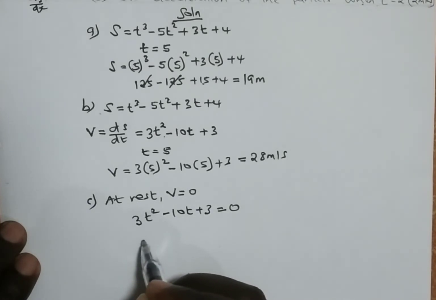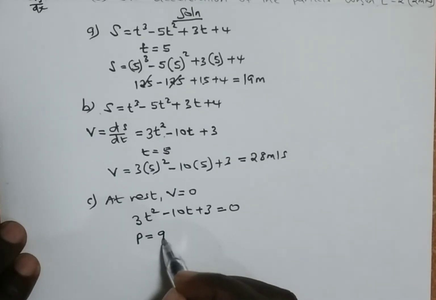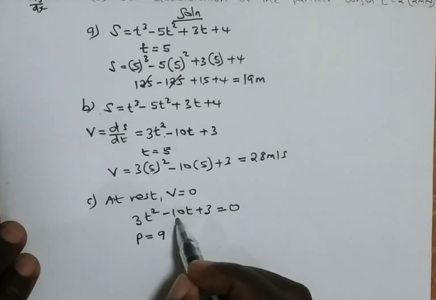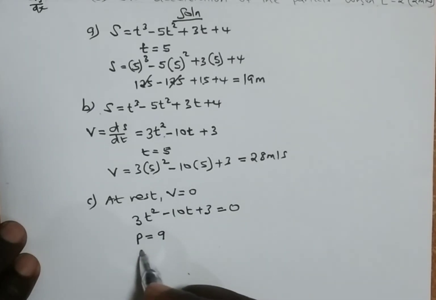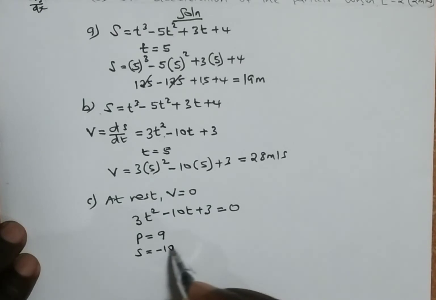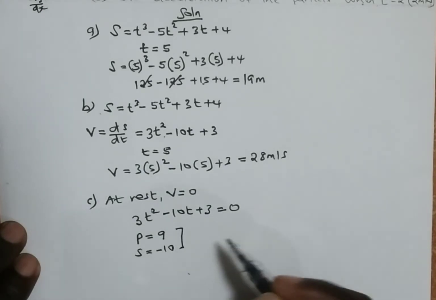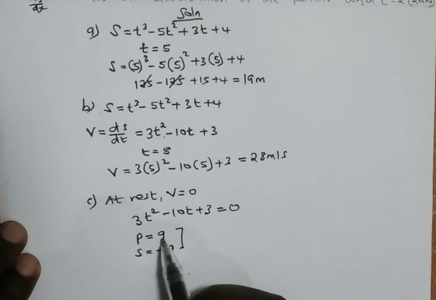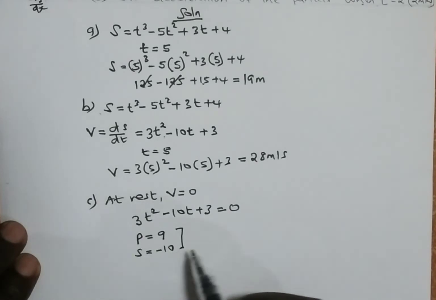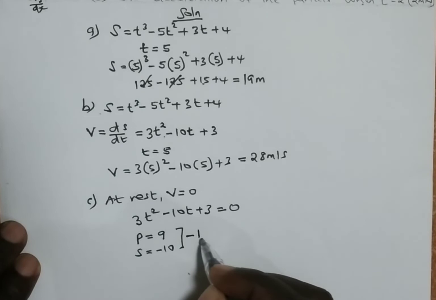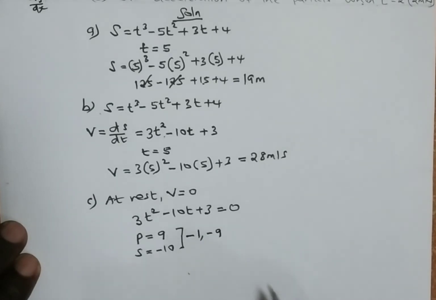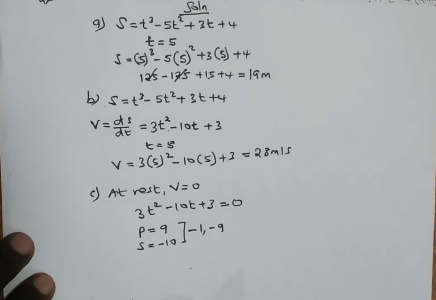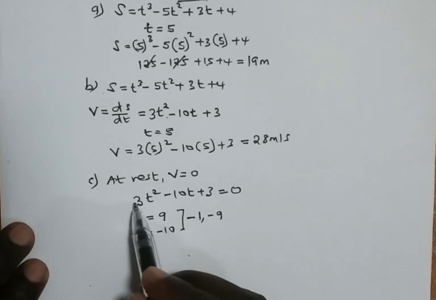Under factorization, I need to look at the product, which is given by A times C, giving us positive 9. Then the sum is equal to the coefficient of the linear term, which is negative 10. So we need two numbers whose product is positive 9 and their sum is negative 10, and those numbers are negative 1 and negative 9.